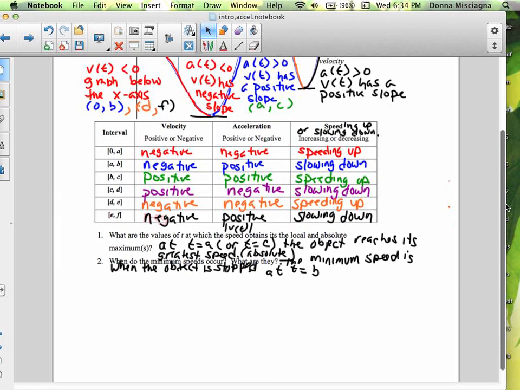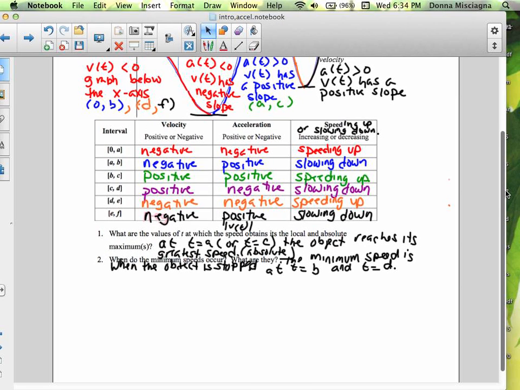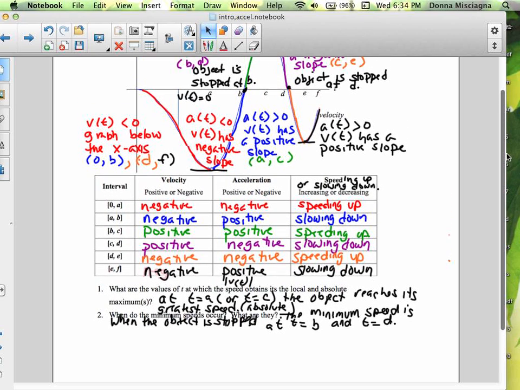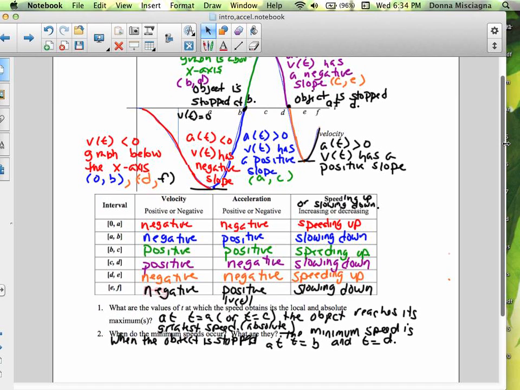At t equals B, and t equals D. That would be because speed doesn't care about direction. So that would be the minimum, when we are stopped. I hope that made sense. We answered the absolute maximum on the speed because that's more interesting. Although we did talk about possibly C, I think it's probably A.